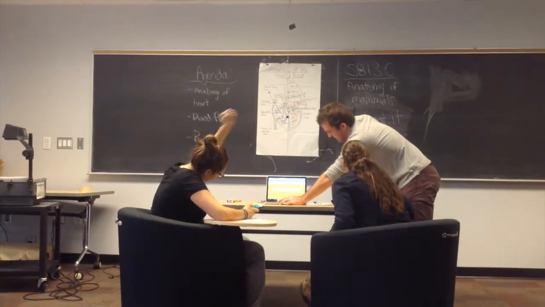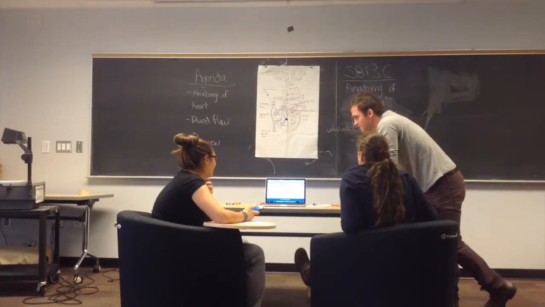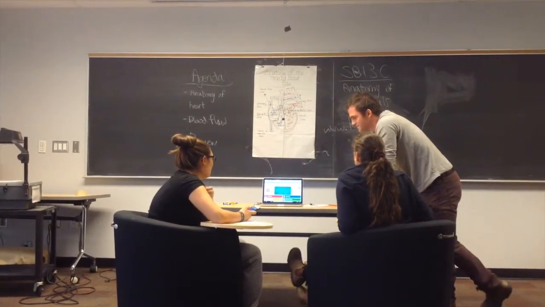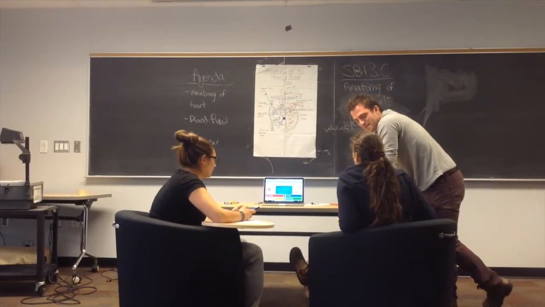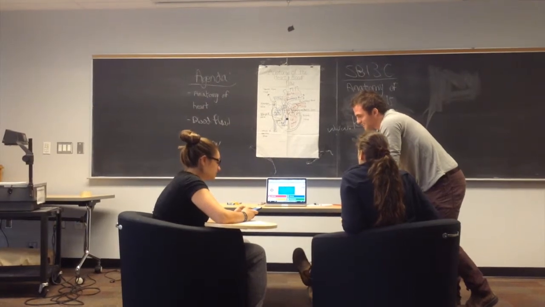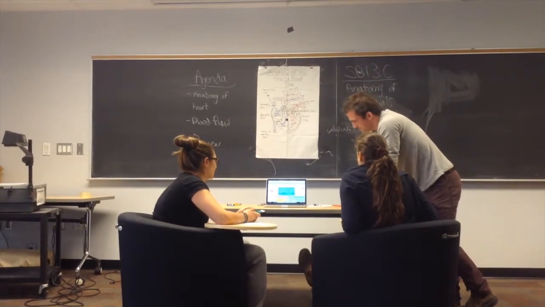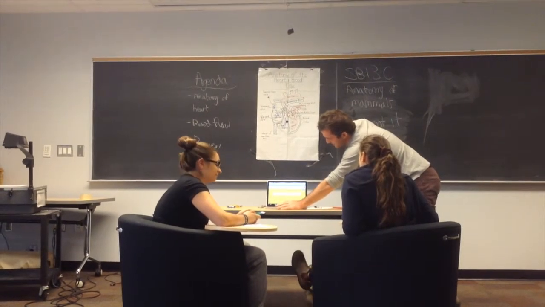Taurus is in the lead. This valve separates the right atrium from the right ventricle. Remember the little trick? Right atrium, tricuspid. Nice. I misread the question. Well done. Taurus is still in the lead.